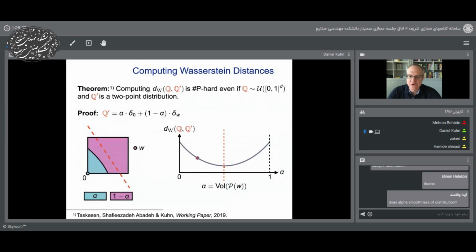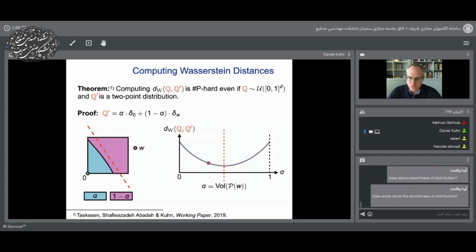Then we could evaluate any point on the curve on the right-hand side very efficiently, and by using simple methods from one-dimensional optimization, we could also efficiently minimize this function with respect to alpha. That means we could efficiently compute the volume of the knapsack polytope P of W. However, this would contradict the hardness result by Dyer and Frieze, which states that computing this volume of the knapsack polytope is indeed a #P-hard problem.